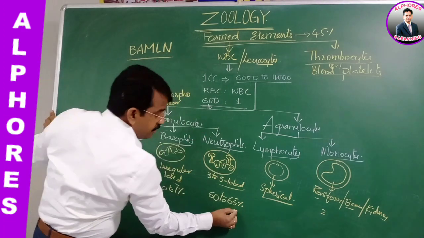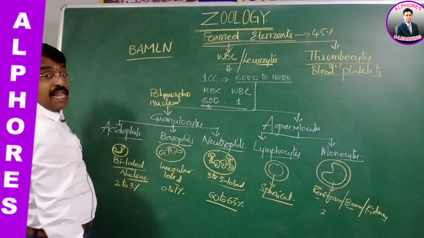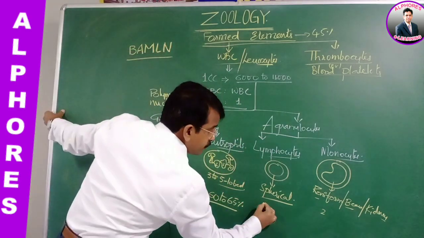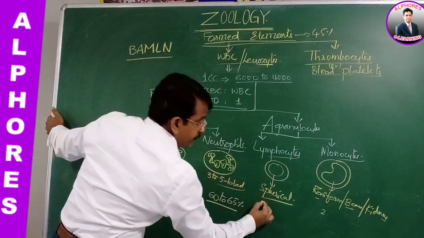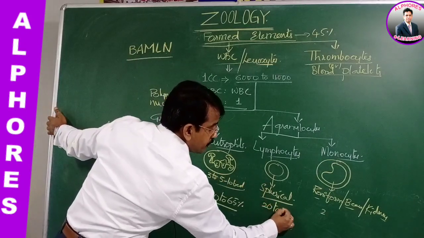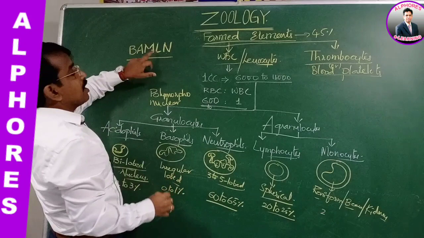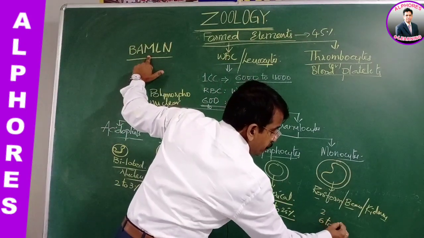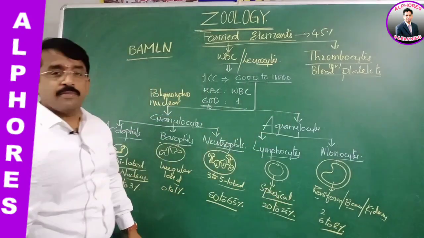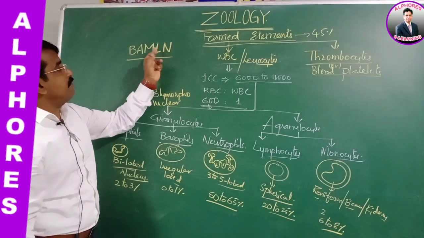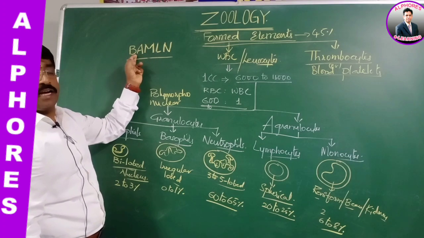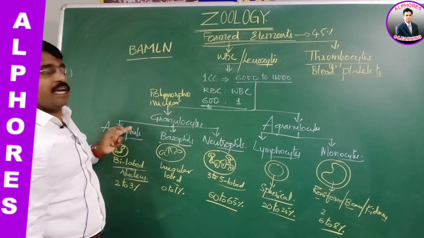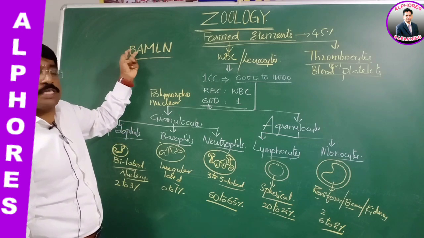Never, neutrophil 60 to 65%. Let us discuss in a descending order: the lymphocytes 20 to 25%. Never let monkey, monocytes about 6 to 8%. Got my point? Never let monkey eat, acidophils ate or else eat eosinophils.